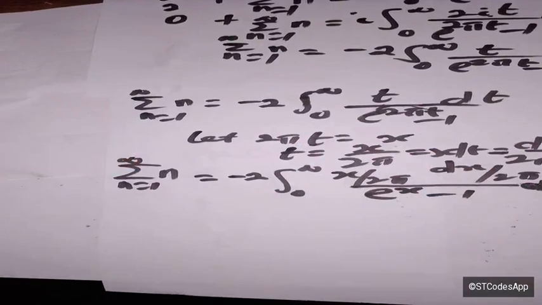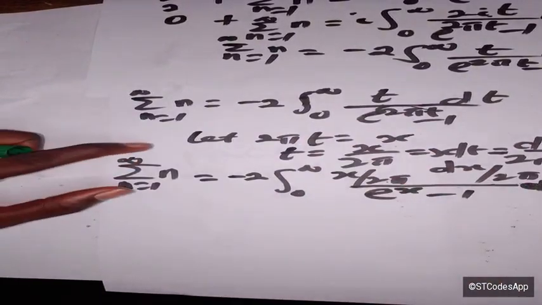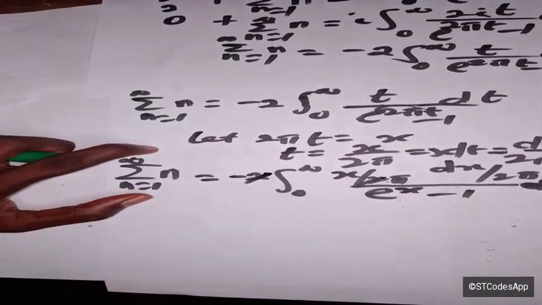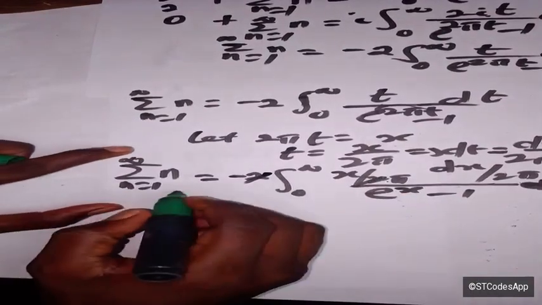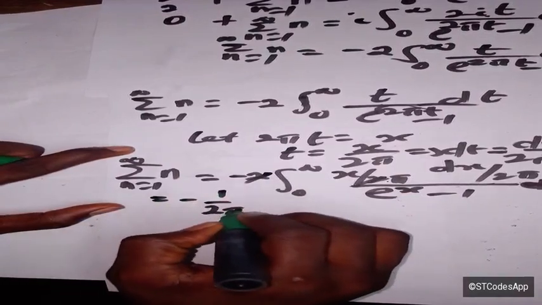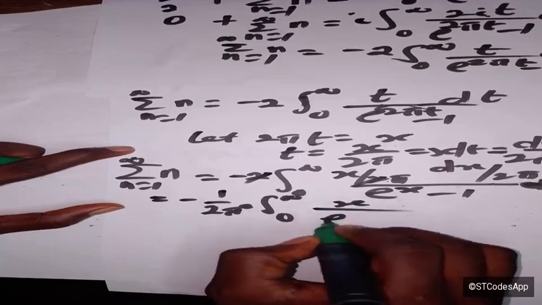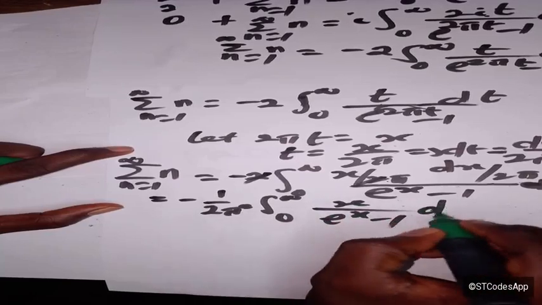The dx factor is already there. So 2π times 2π is 4π², and this 2 can cancel the 2, so that will be 2π². Then we have minus 1 over 2π² times the integral from 0 to infinity of x over e raised to the power of x minus 1 dx.